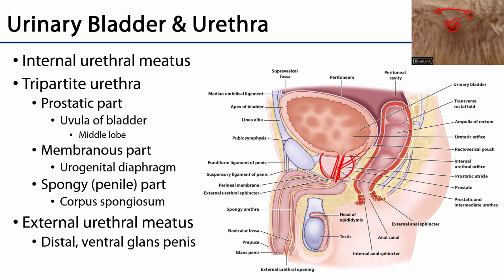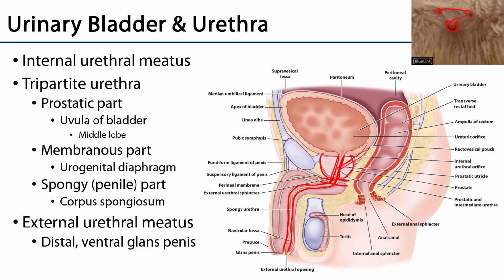So once we go beyond this prostatic part of the urethra, we come to the shortest part of the urethra, which is right there as it's being conveyed through the urogenital diaphragm. That's a fibromuscular membrane there that's supporting a lot of the pelvic viscera. And that's called the membranous part of the urethra. And then there is the largest part of the urethra, which is conducted through erectile tissue called the corpus spongiosum.